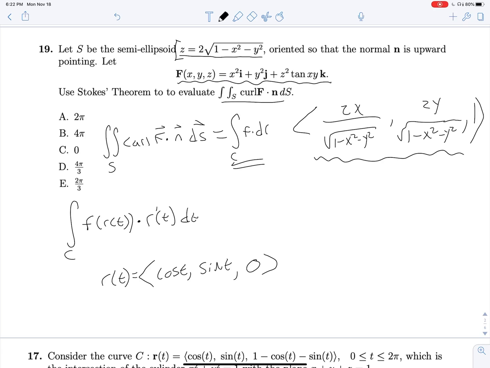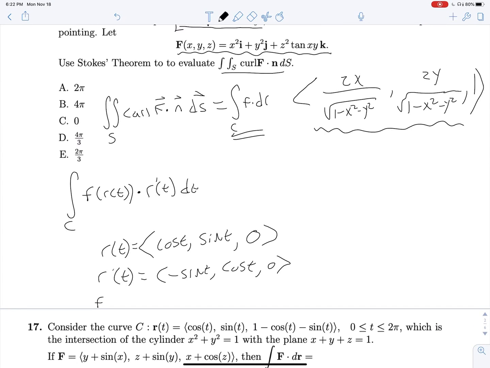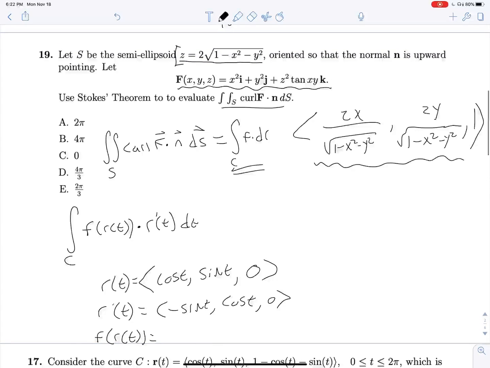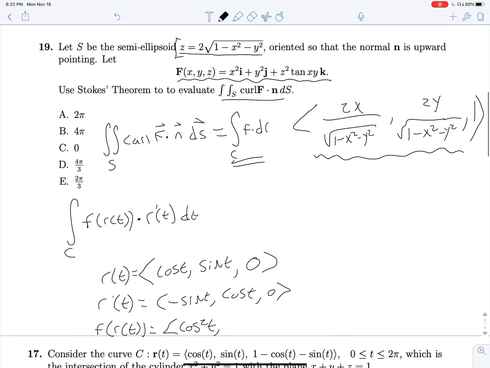And so in order to fill in these blanks, we need an r prime of t. Let's find that. R prime of t is going to be negative sine t, cosine t, 0. And F of r of t is going to be, well, the i component is just x squared, so cosine squared t, and then the y component is going to be sine squared t.